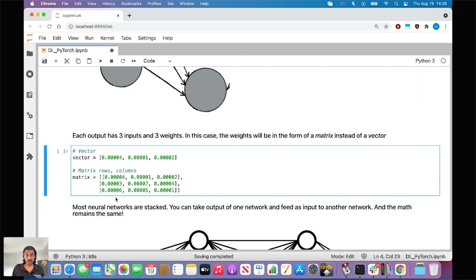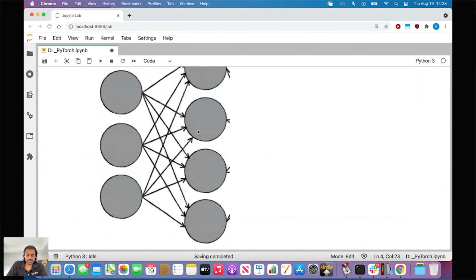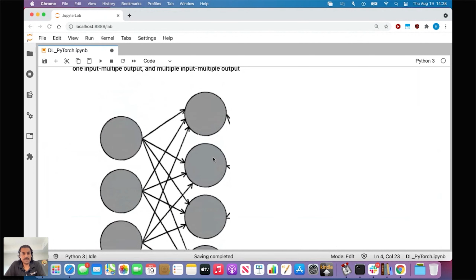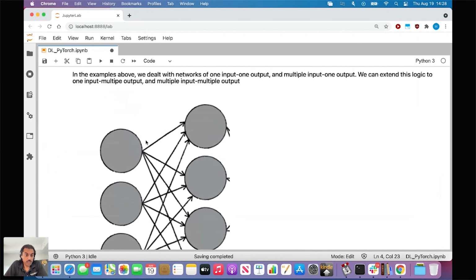But the math here is going to remain the same. And so I want to spend a minute here talking about this. In this very simple example here, it looks like we just have one input to multiple outputs, right? So here is your input on the left, and here's your output on the right.